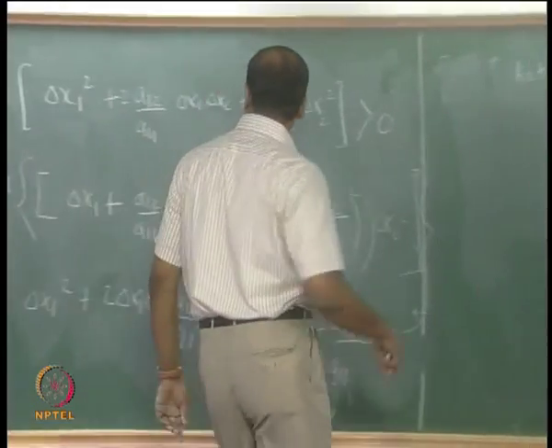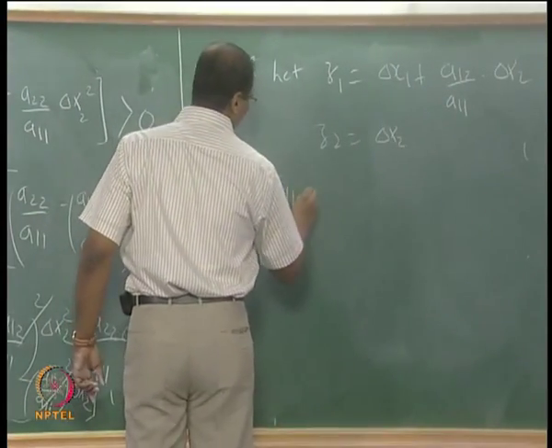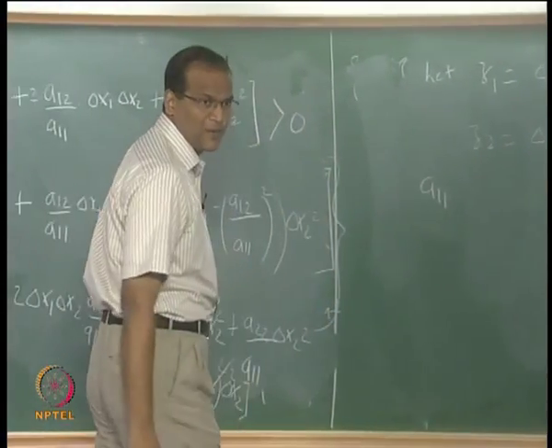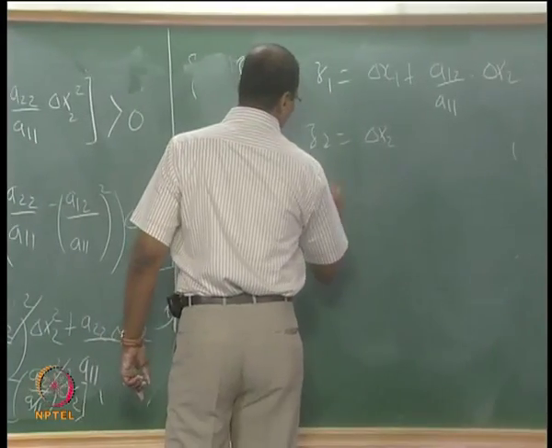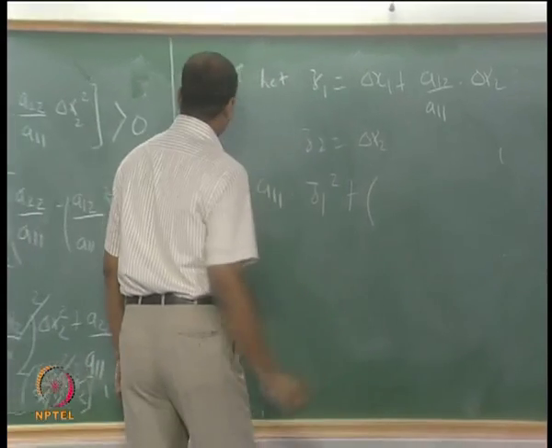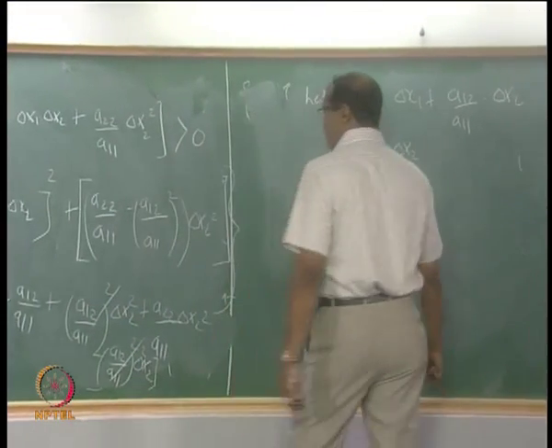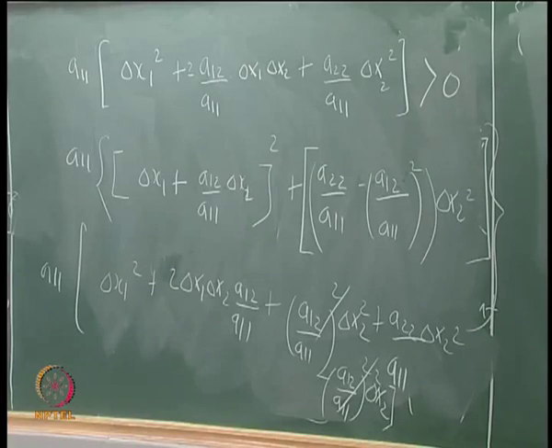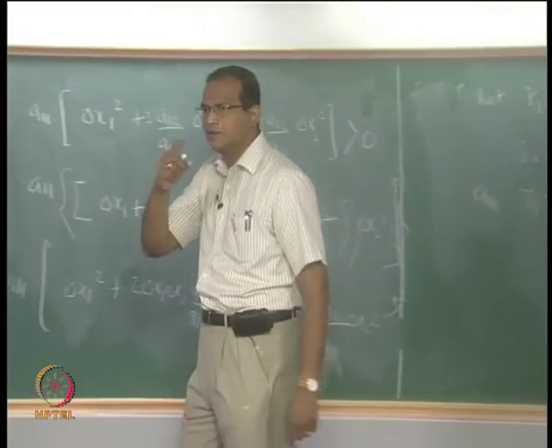Therefore, the resulting expression is a11 z1 squared plus, can you tell me, what happened, a22 minus, yeah, can you complete it?